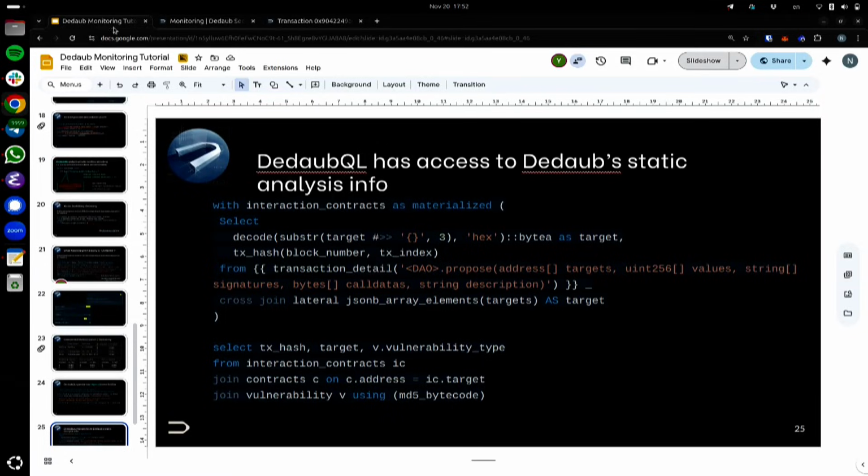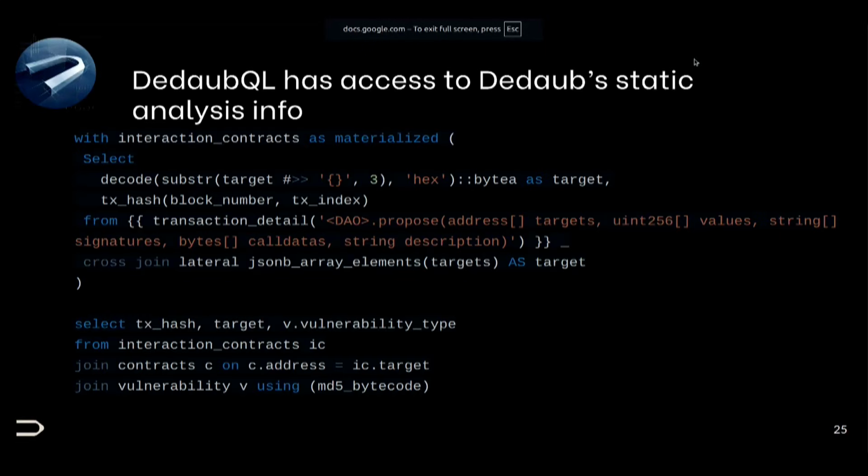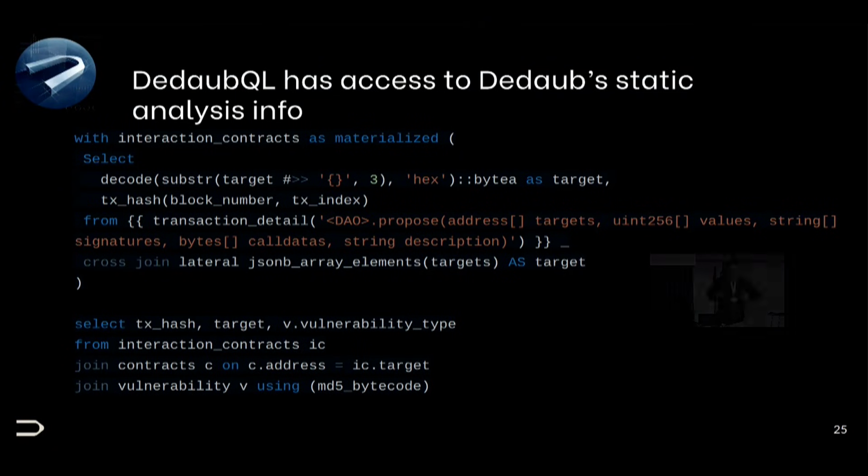So in conclusion, DedaubQL is this execution and also query language that allows you to write monitoring agents. It is integrated into our ecosystem, and you can also make use of static analysis data.